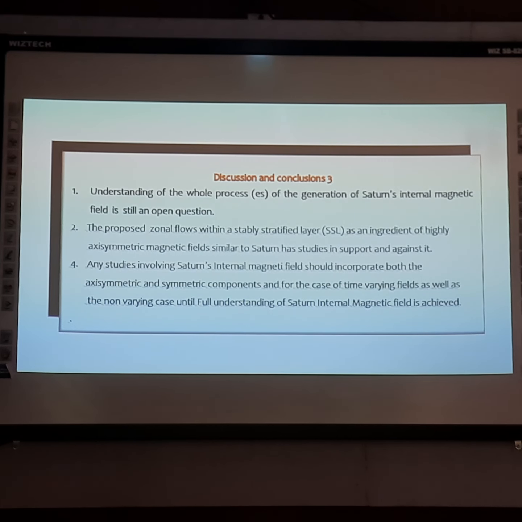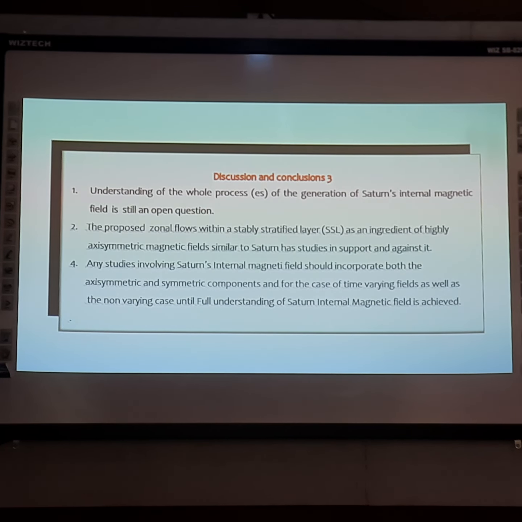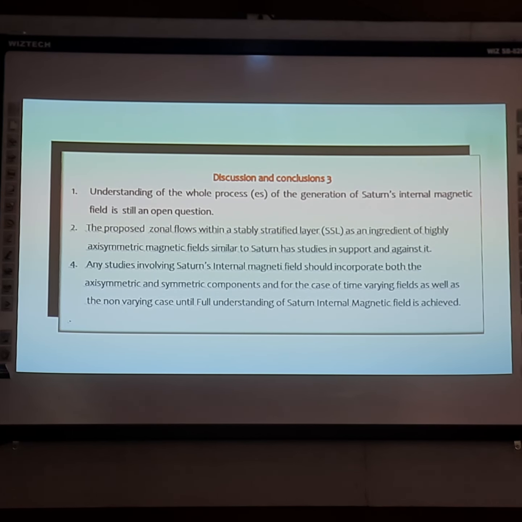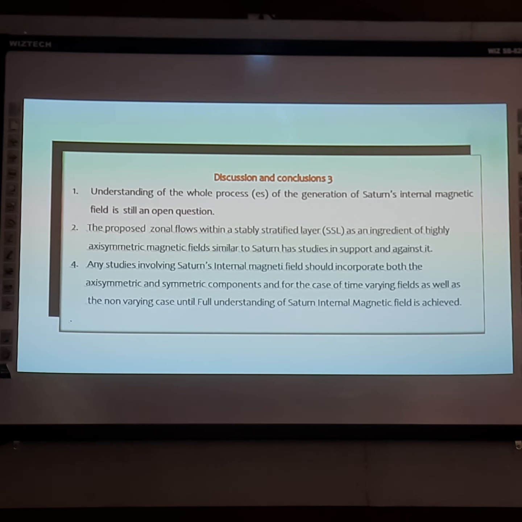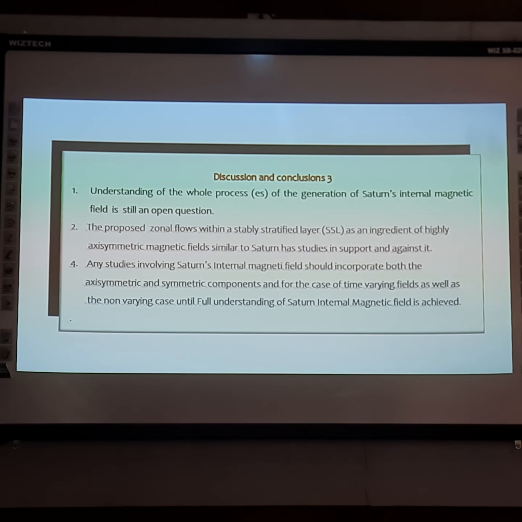Our conclusion is any study involving the magnetic field should incorporate both the asymmetric and symmetric. For now, if somebody wants to study the charged particle dynamics, then he might have to concentrate on one. We will assume that the magnetic field is symmetric, and another study has to be on non-symmetric, because we are not sure yet whether it is symmetric or non-symmetric.